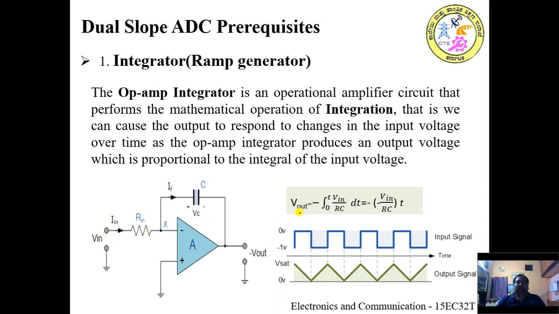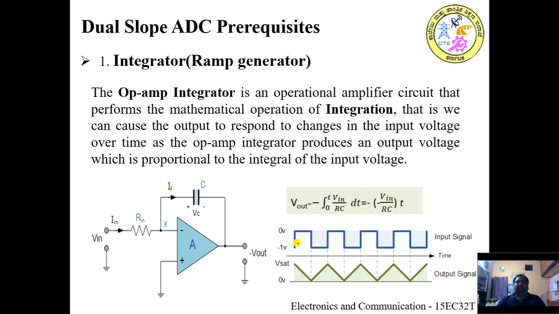Vout can be mathematically given as 1 by RC, integration from 0 to t of Vin. If we integrate over a time period from 0 to t, we get an output equation as minus 1 by RC Vin into t.